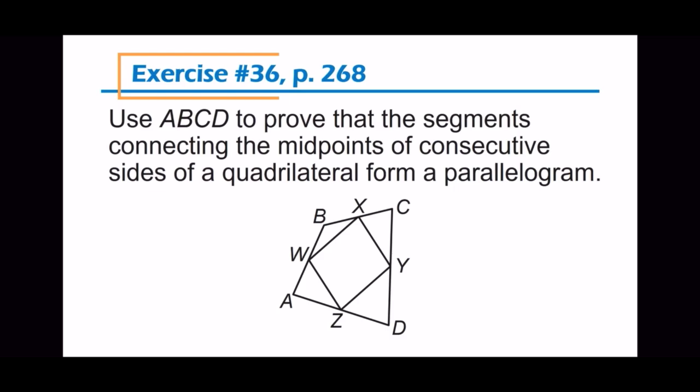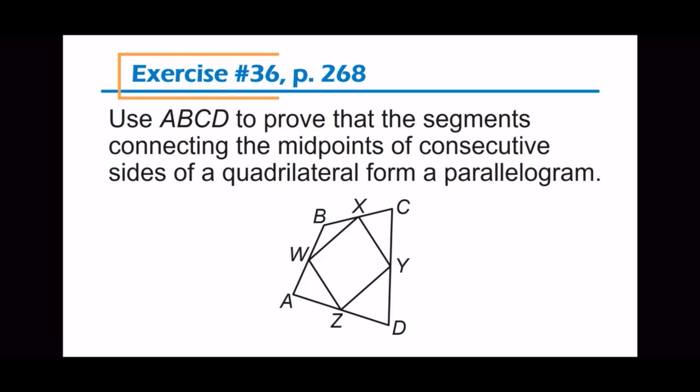Finally, if you skip back to number 36 on page 268, you will see a very interesting theorem. We're not going to prove it together, although we could, but I just like to point it out because it's neat. Now, it probably could have been a numbered theorem in our book, but the authors decided to place it here. Basically, you have a fairly random convex quadrilateral, and the midpoints of the sides are drawn and consecutively connected.